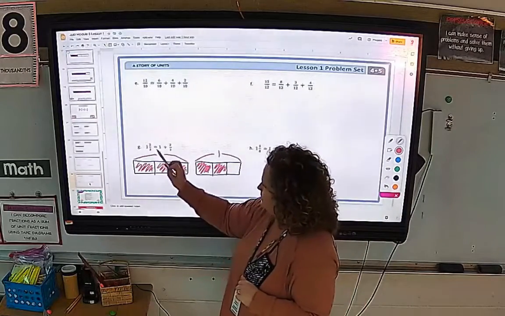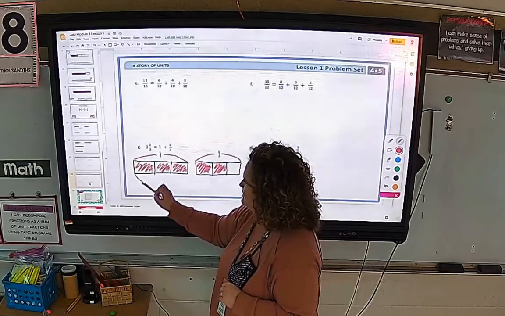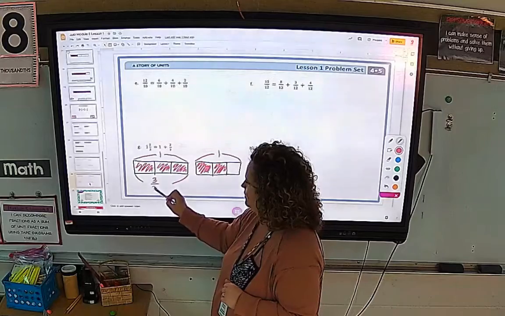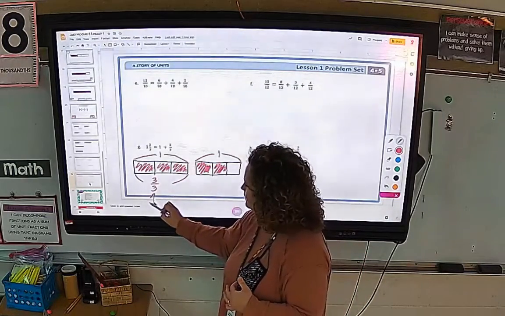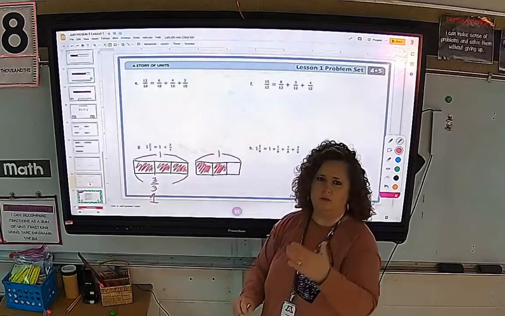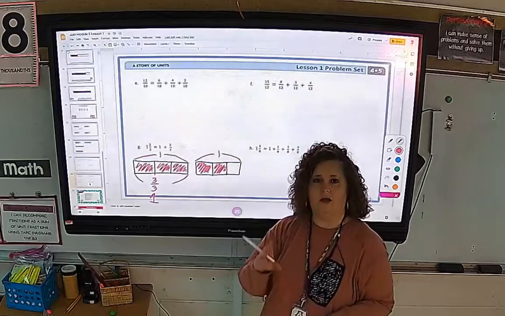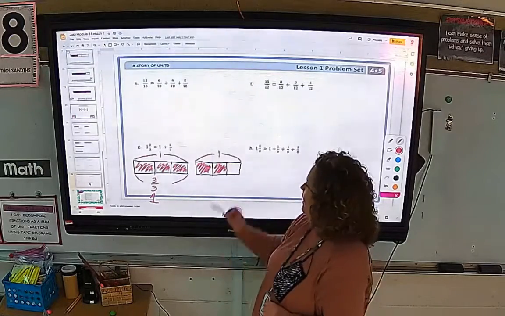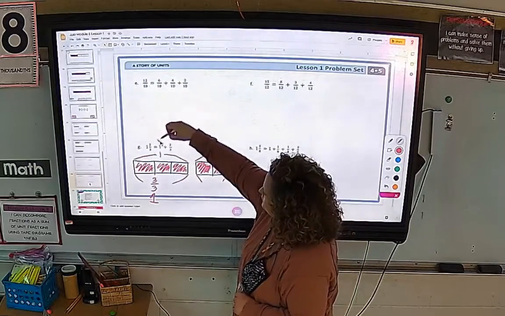So this is equal to 1. So when I draw my brackets, I can write 3/3 because I know that's the same as 1, or I could write 1. I could write either one. I don't want both because I don't want to think it's double what I have, but I can choose to write 3/3 or I can write 1, either way. And then here you have the 1.